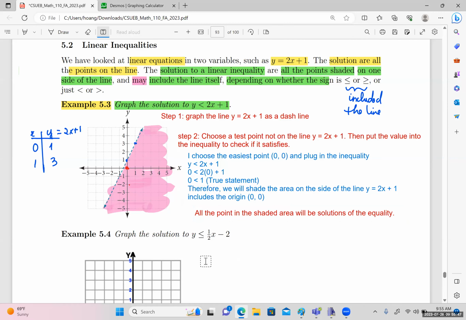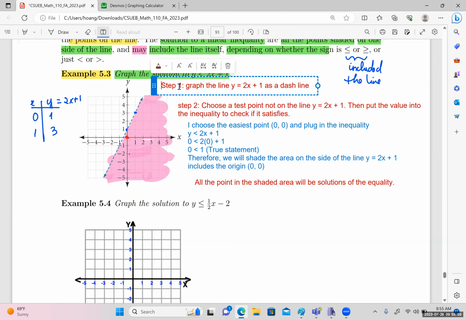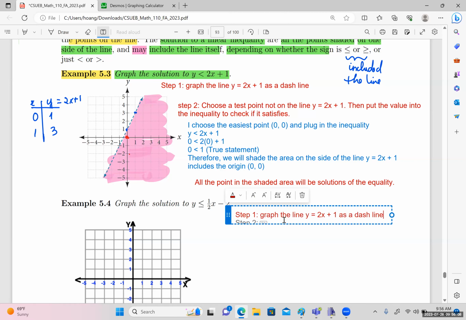Okay, what about example 5.4? We're gonna do the same, but with equals included, right? So I'm gonna say step 1, graph the line y equals 1/2 times x minus 2, right?